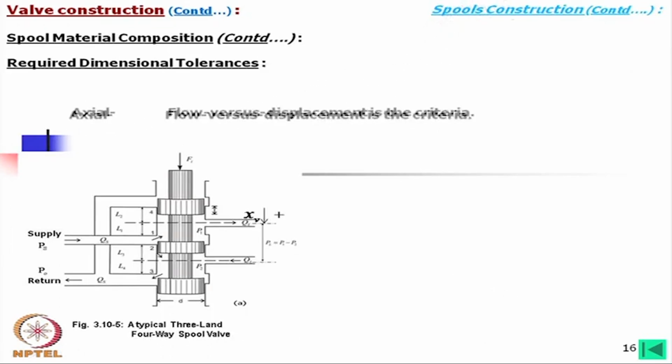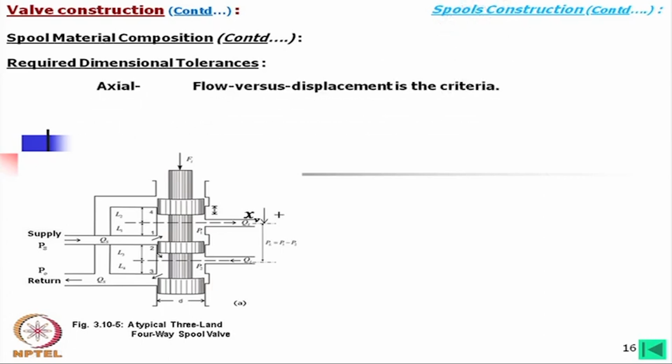Now, what are the required tolerances? First of all, the axial, in case of servo spool valve or relatively accurately manufactured spool for proportional valve, the position of this port on the sleeve and position of these lands on the spool is very important, which will control axial flow.